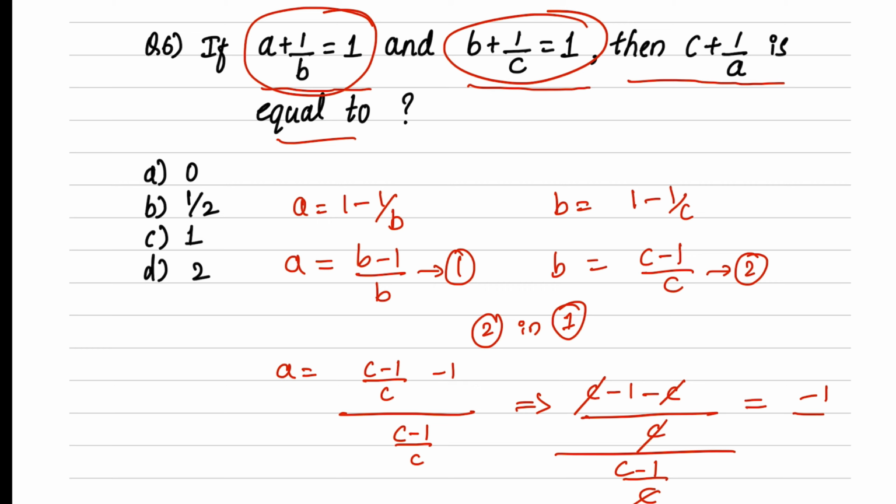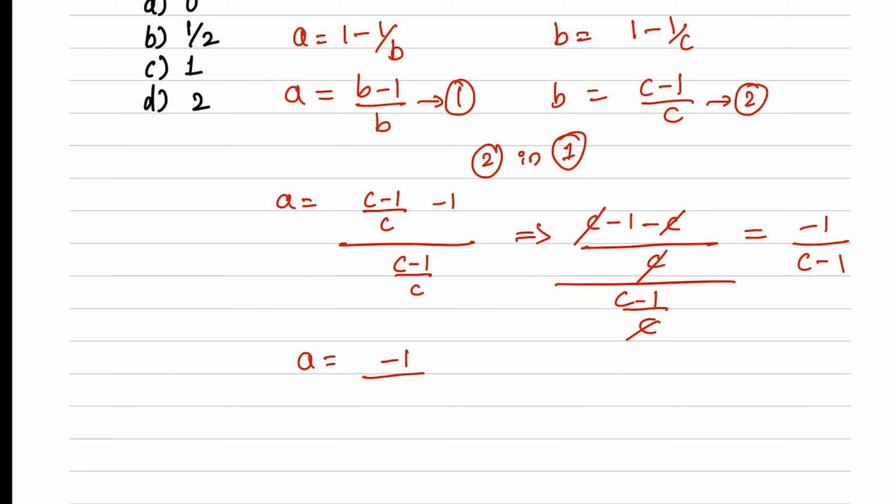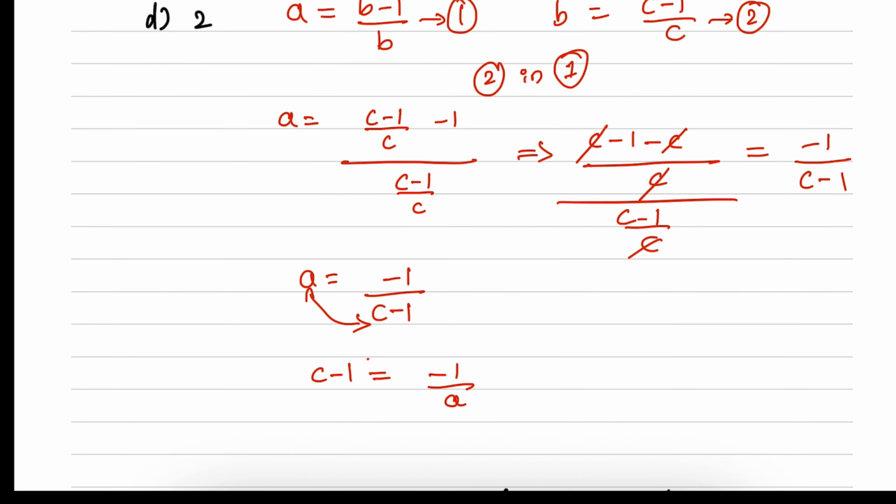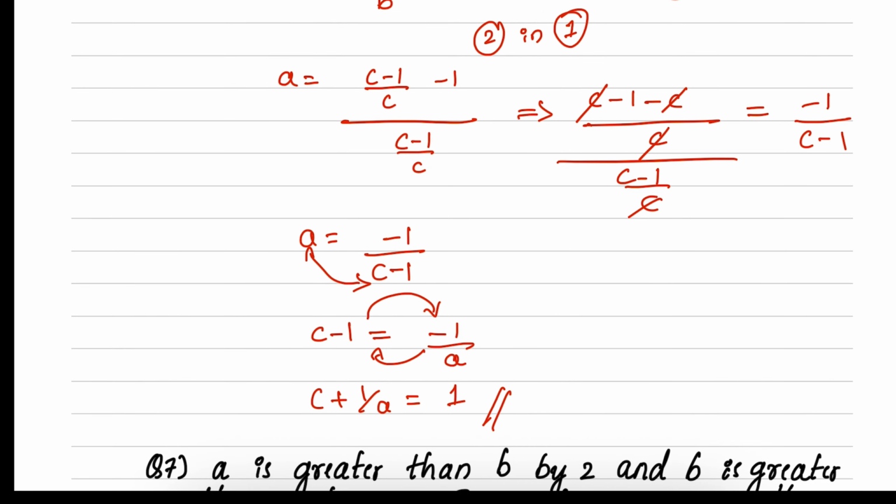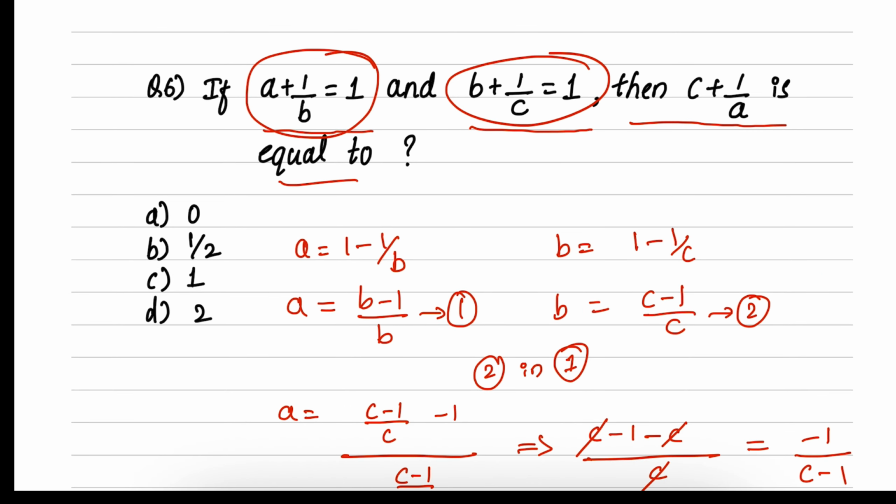So minus 1 by (c minus 1). So this will be a equal to minus 1 by (c minus 1). If this goes here and comes here, c minus 1 equal to minus 1 by a, and this minus 1 goes here and this will come here. So finally you will have c plus 1 by a equal to 1. That's our answer. Option C is the right answer.